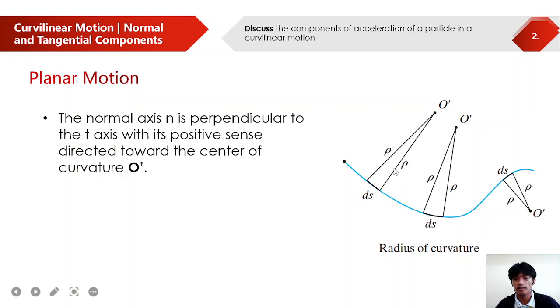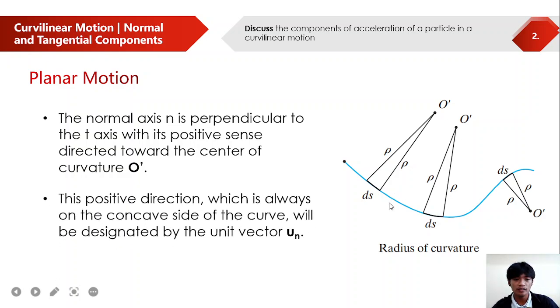So, always, as you can see, concave. The direction that is concave is the positive sense of our normal axis, or N axis. Okay? This positive direction is always on the concave side. As I have said, the concave side of the curve will be designated by the unit vector u sub n.